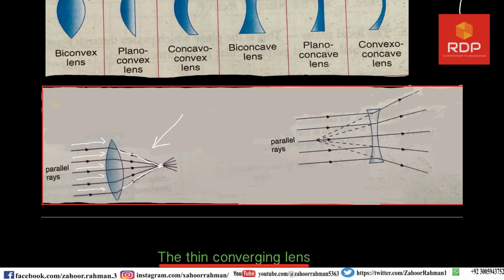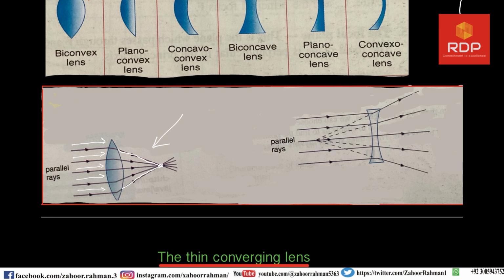We will discuss in today's lecture what the focus point is. But here you have to remember that if parallel rays are passing through the convex lens, they will be converged to a single spot, that is called focus.